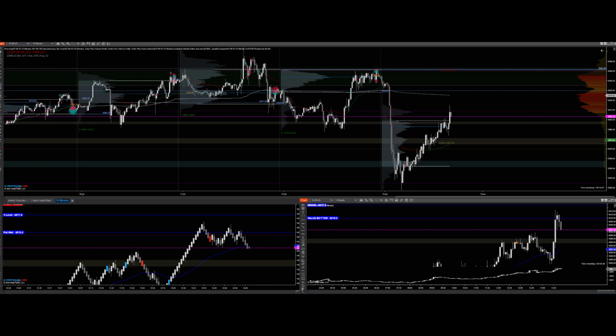There we go, looking some more on the downside. Set my volume profile here.